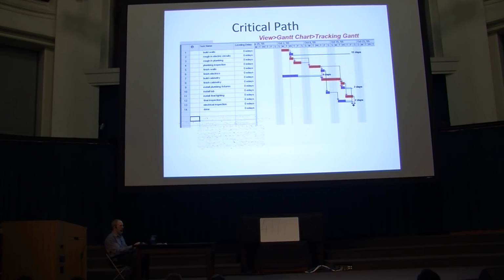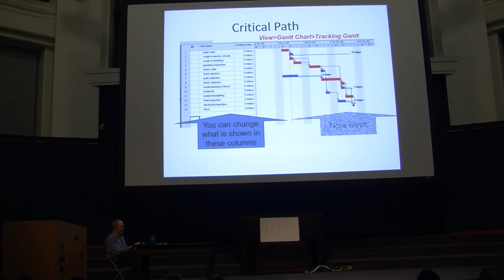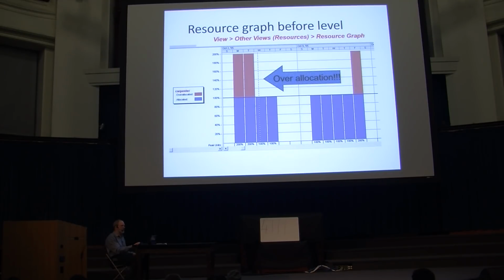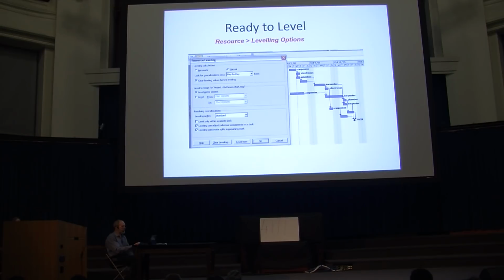We showed the critical path, and that gave us the slack time, or the float. We entered resources, and I showed you that it created a drop-down list. We looked at leveling those resources. So the first graph, or resource graph before leveling, showed over-allocation. We went to leveling, and by the way, you can get this happening automatically. It will automatically level this particular program.